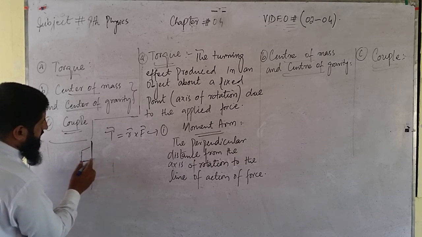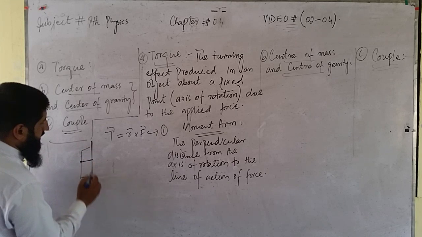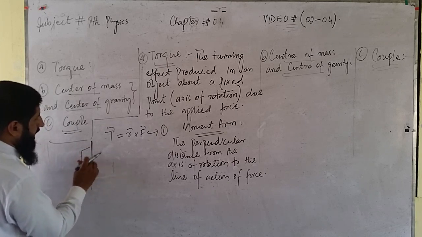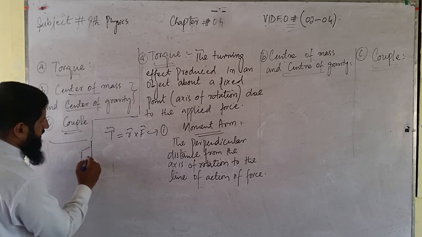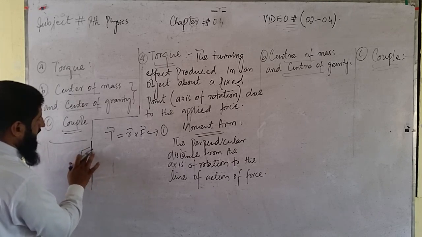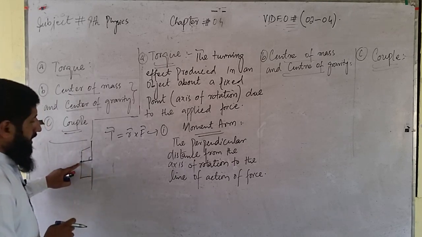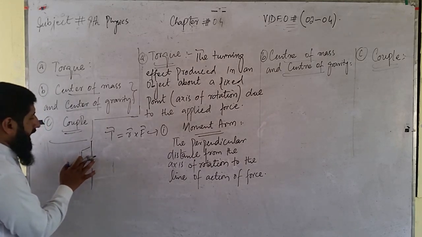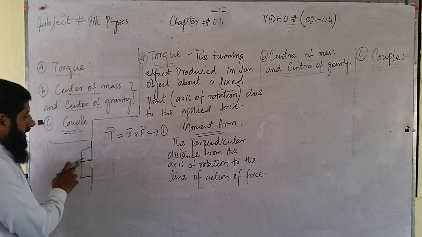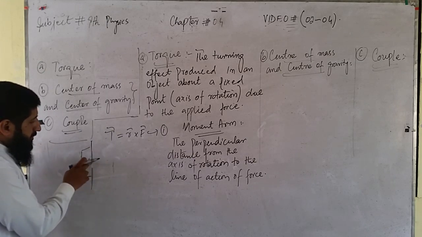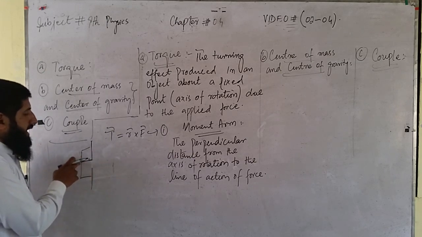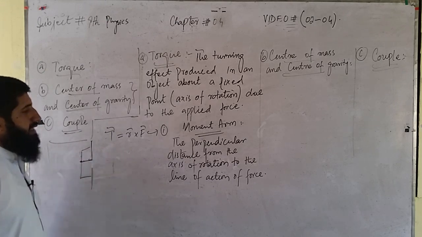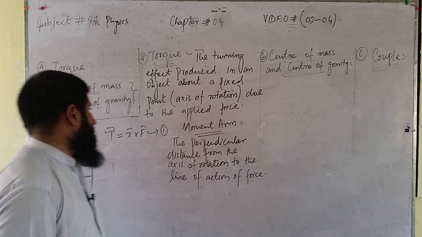The angle between the force and moment arm is also 90 degrees. So the perpendicular distance from the axis of rotation to the line of action of force is basically the moment arm.